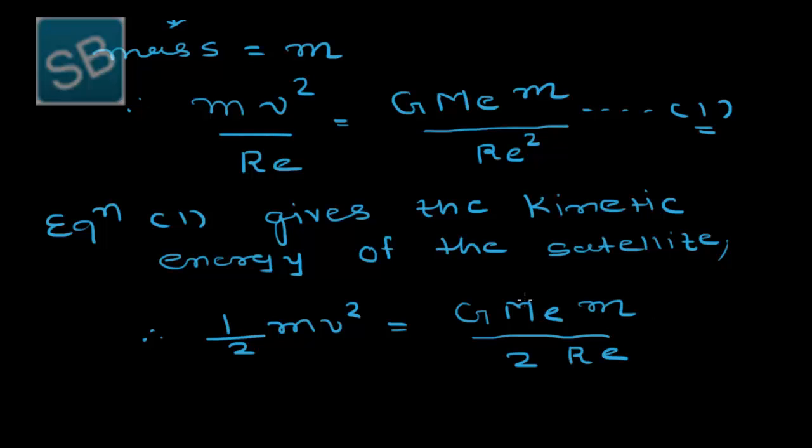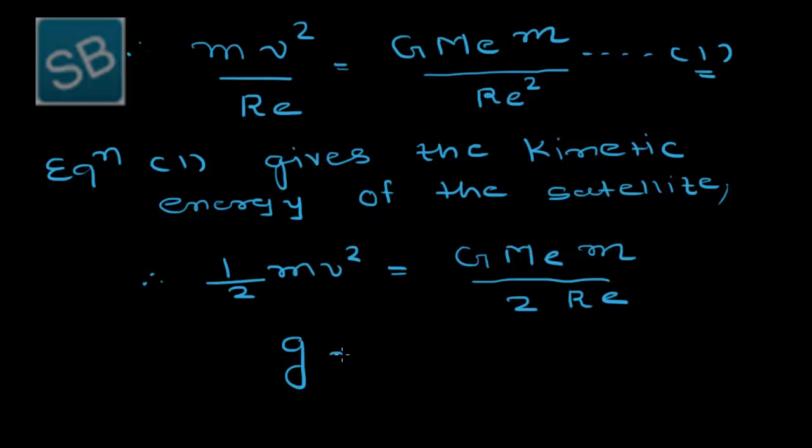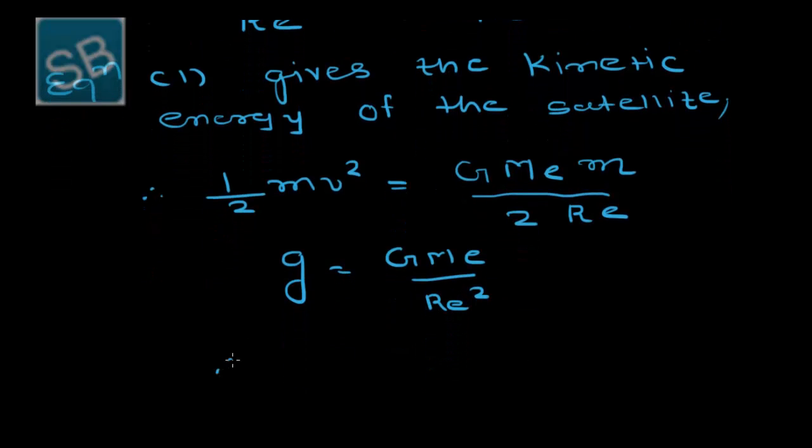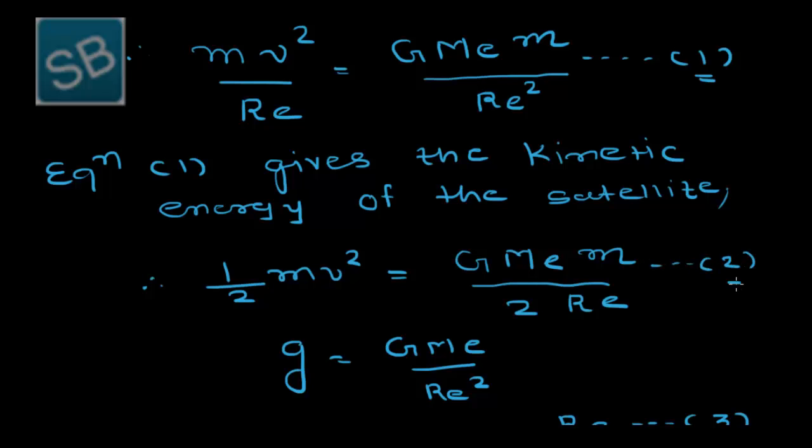But what is the value of small g? The value of small g is written in terms of GMe over Re square, and therefore I can write the kinetic energy K is equal to 1/2 m into g into Re. So this is your third equation, and this is the second relation.